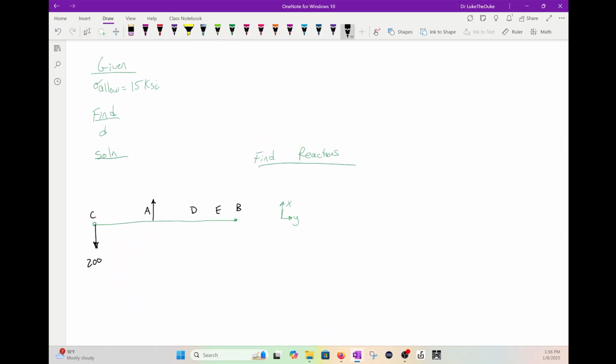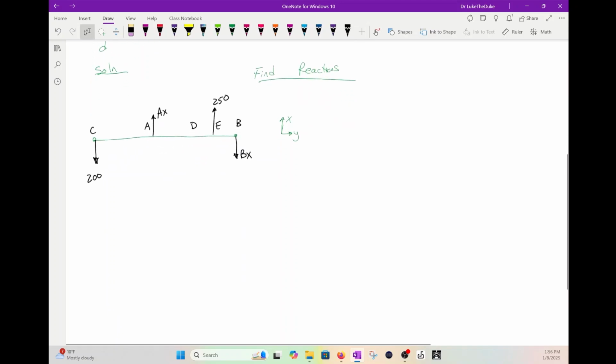Let me go up. This would be AX. This would be 250. And then we have BX.